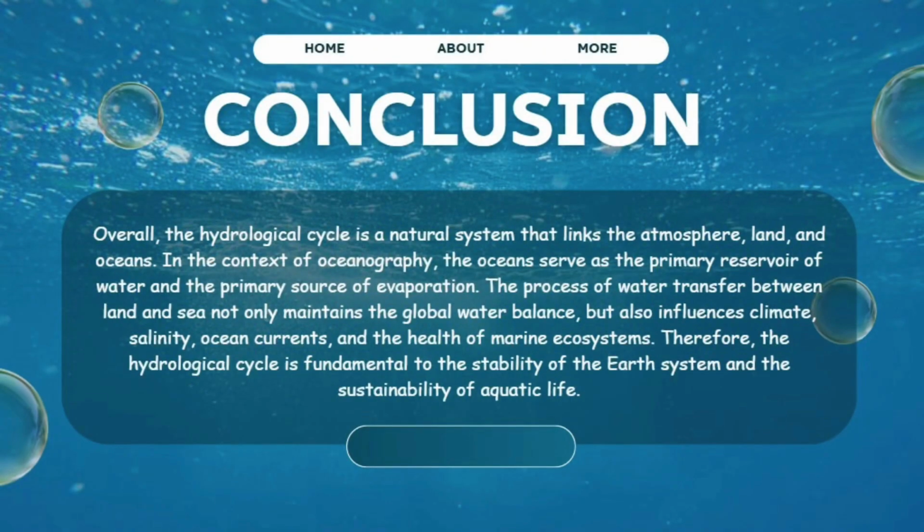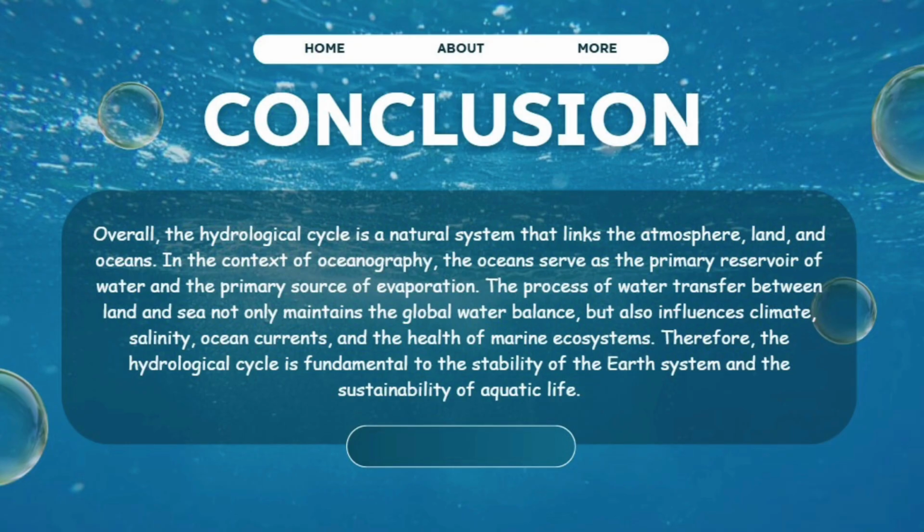Overall, the hydrological cycle is a natural system that links the atmosphere, land, and ocean. In the context of oceanography, the ocean serves as the primary reservoir of water and the primary source of evaporation.